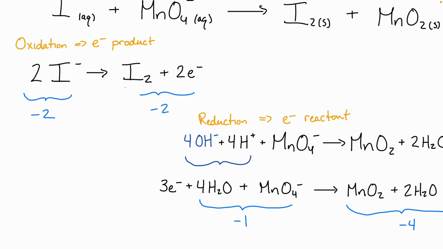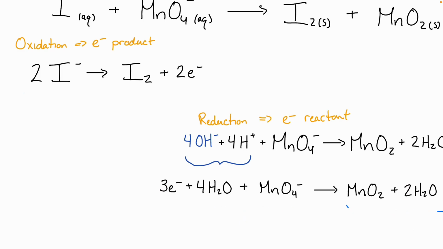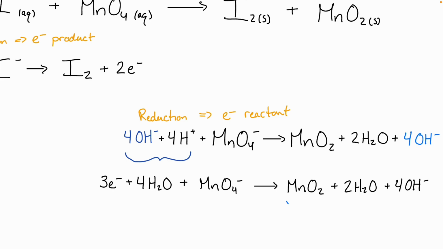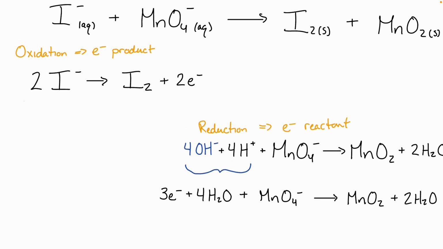Okay, so now I got these things charge balanced, and I need to combine them in such a way that those electrons cancel out. All right, I got 2 over here and 3 over here. How the heck am I going to do that? I'm going to go for, if we're being math nerds, their least common multiple, right?